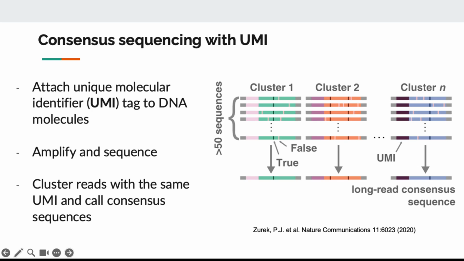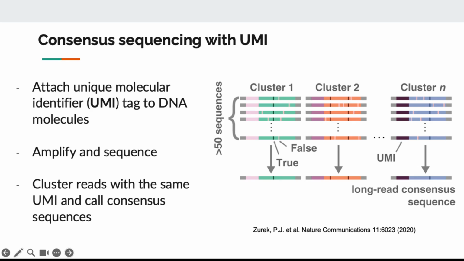But with unique molecular identifier, and we will see this concept again in the single cell technology lecture, if you can tag each original DNA molecule with a unique nucleotide pattern, when you amplify that DNA molecule, that unique nucleotide pattern will also be amplified. So this is unique to each original DNA molecule.